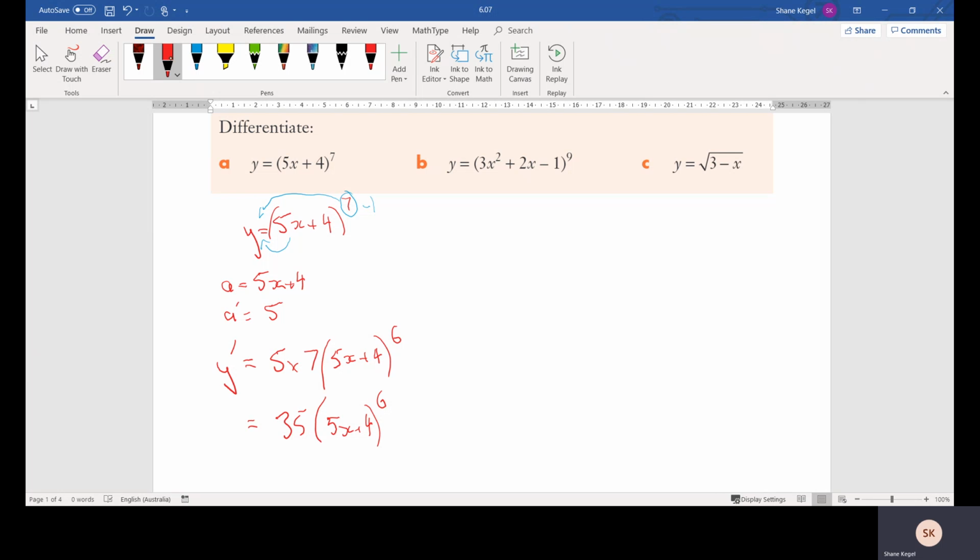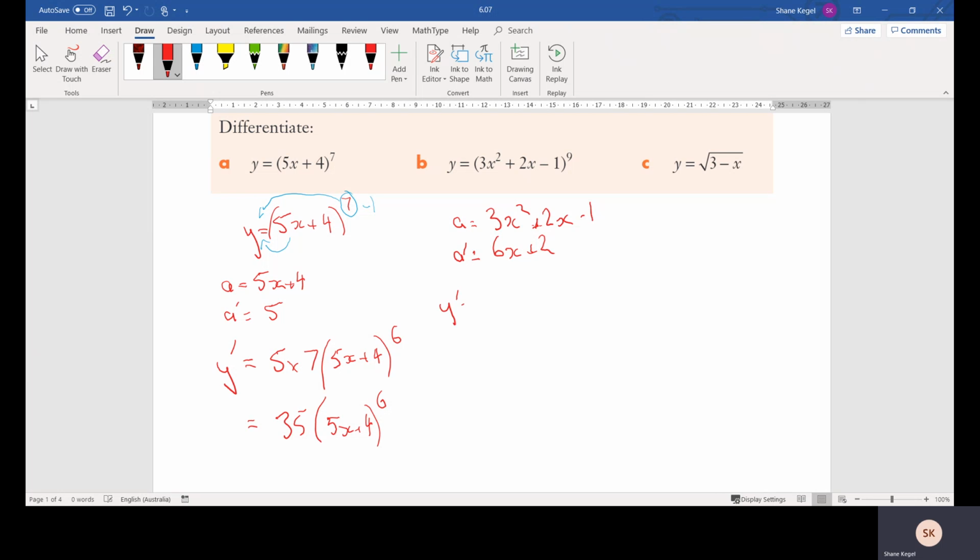So here, we'll set A equal to what's inside my brackets. So 3x squared plus 2x take 1. So therefore, the derivative of my bracket is 6x plus 2. So again, I bring that out the front. That's my first thing. So now I'm going to be deriving my original equation.